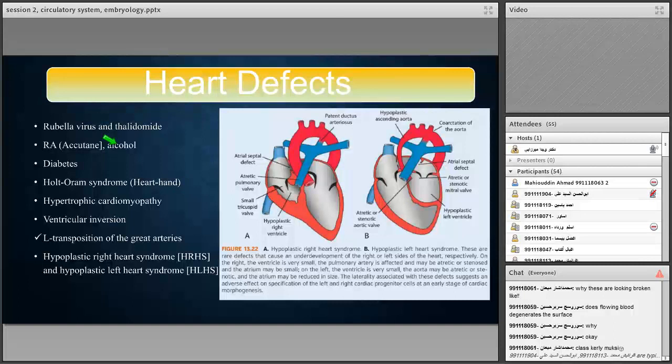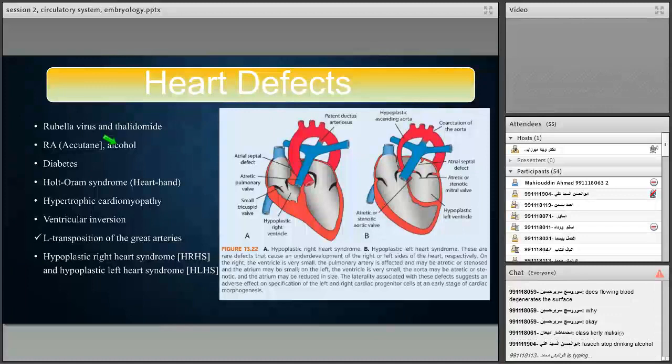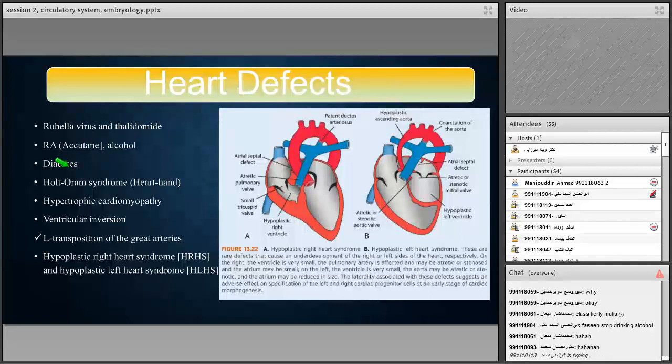And also some diseases like diabetes and high blood pressure will make some problems for the baby's heart. And also there are some genetic factors which may be affected, and after them we have some heart defects.